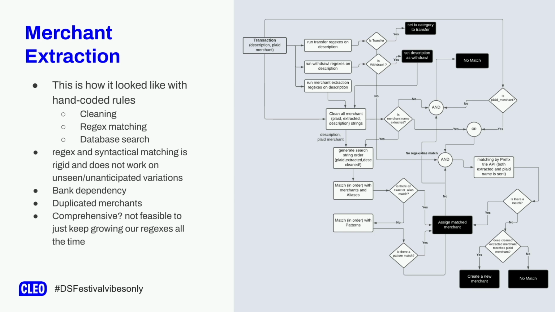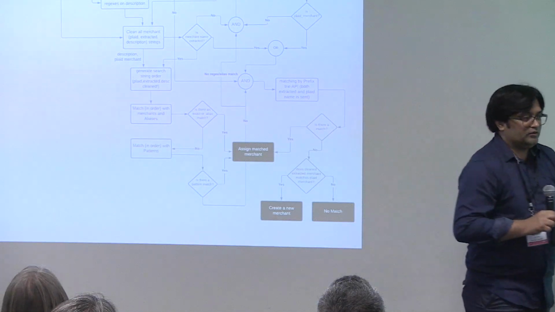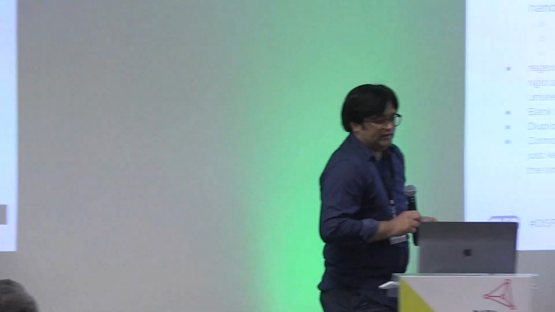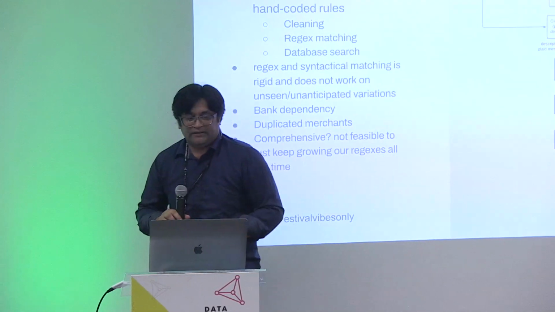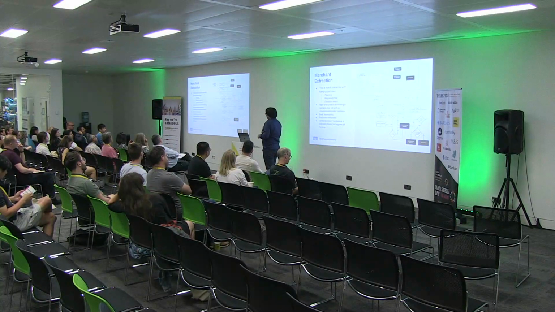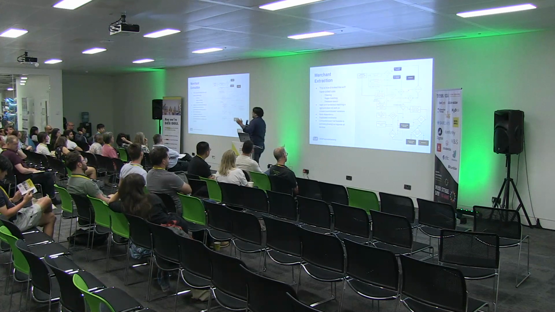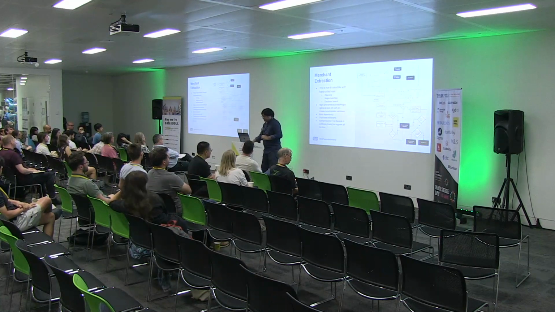So as you can see, regex and syntactic matching is rigid, and it's very hard to cater to situations where unanticipated variations occur. Similarly, bank dependency, as I talked about, duplicated merchants, and it's also very hard to make this system a comprehensive one because it won't end. It would always need to be evolving over a period of time.